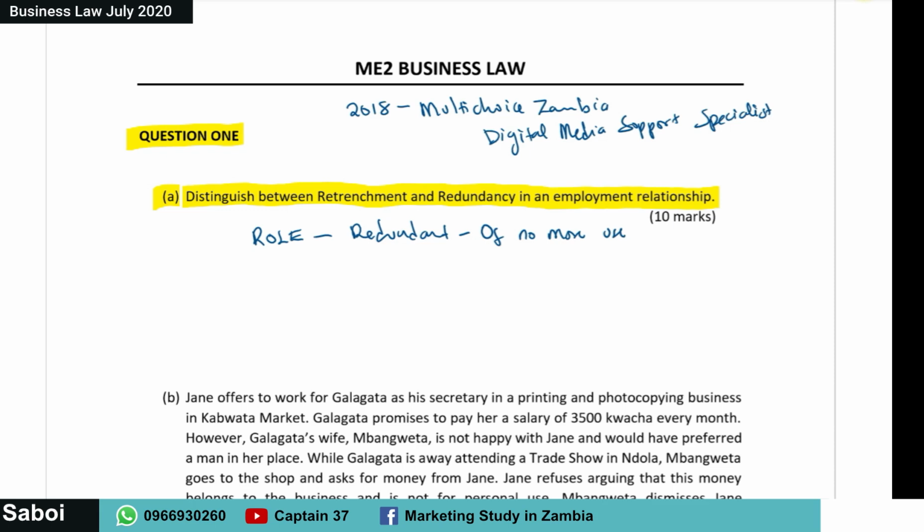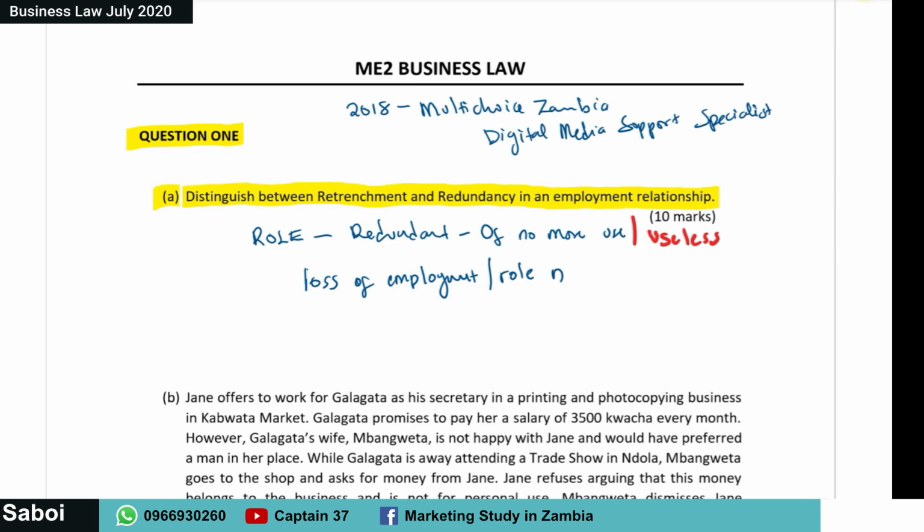If you want to put it, you can say useless. The role becomes useless. Redundancy refers to a situation where there is loss of employment, owing to the fact that a particular role is no longer required.